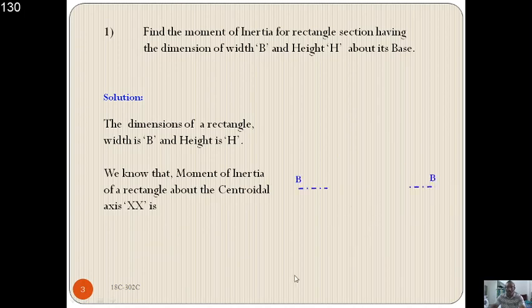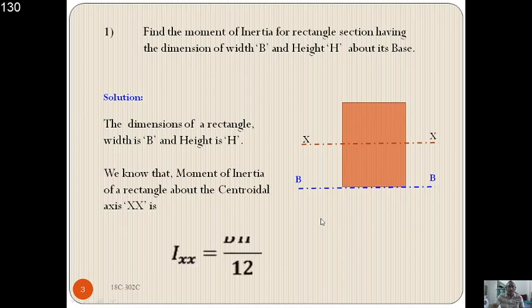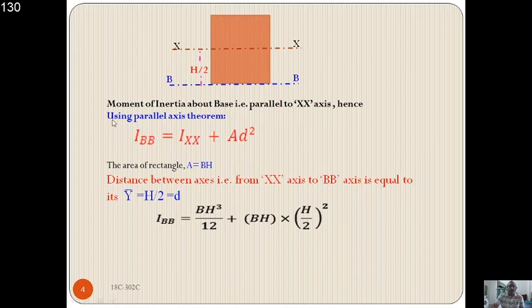Let's do the same thing. These axes are parallel to each other. Therefore Ixx is equal to bh cube by 12. Then employ the parallel axis theorem to solve the moment of inertia about the base axis, that is BB. Therefore Ixx plus A d square. The area of the rectangle is A equal to bh.